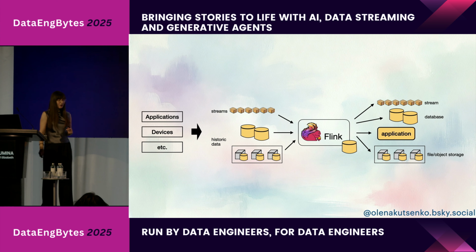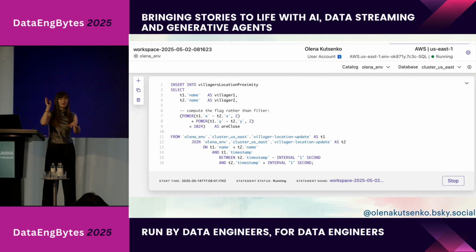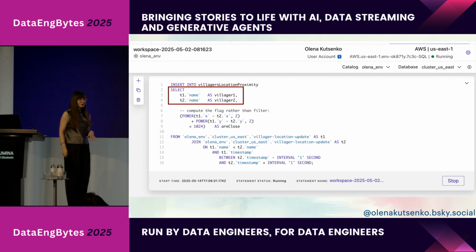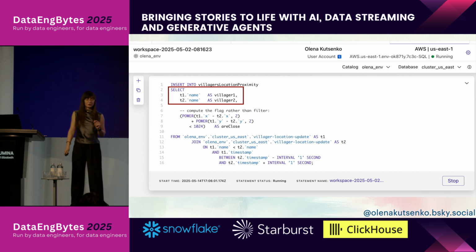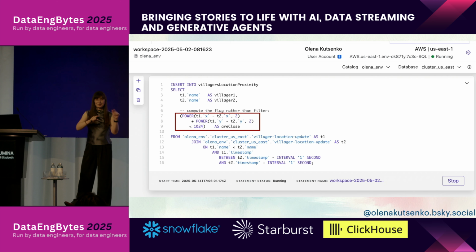But for us, we need to calculate the distance between villagers. And Flink you can use with SQL, with Python, with Java. I'm using SQL here, and generally I'm taking every 2 villagers, one direction only, and then I'm calculating the distance between them.